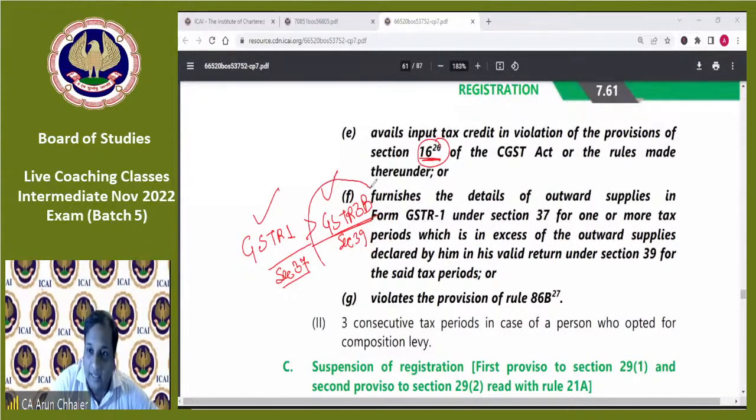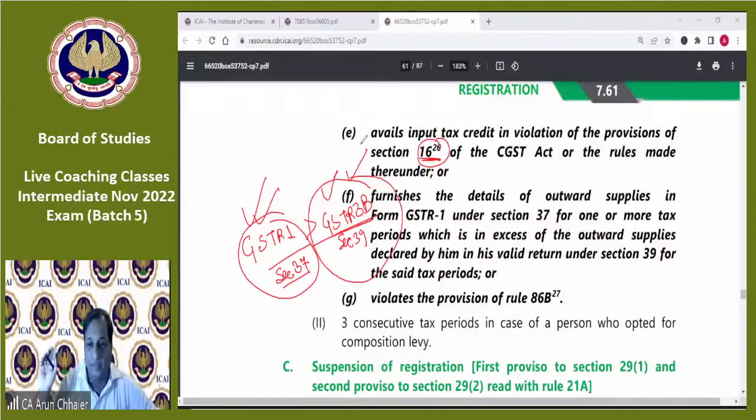Because the tax has to be paid along with GSTR-3B. So Mr. A has reported the actual tax liability in the GSTR-1, let's say 1 crore rupees. But while filing the 3B, he is showing only 80 lakh rupees. In that case, he has to pay the tax on 80 lakh rupees. He has not declared the proper or actual outward supply, so that he has to pay the lesser tax.